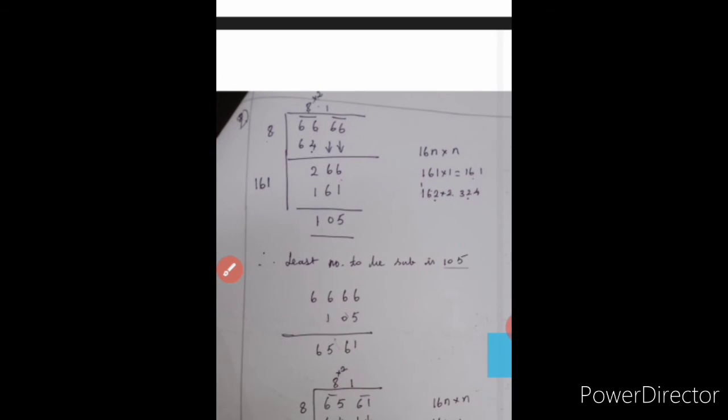Therefore, write the 7 in the divisor and 7 on the top. Therefore, 1287 into 7 is 9009. The square root of 4,18,609 is equal to 647.